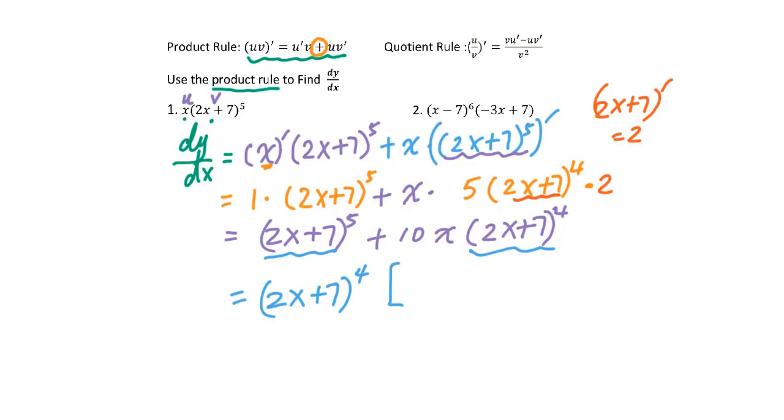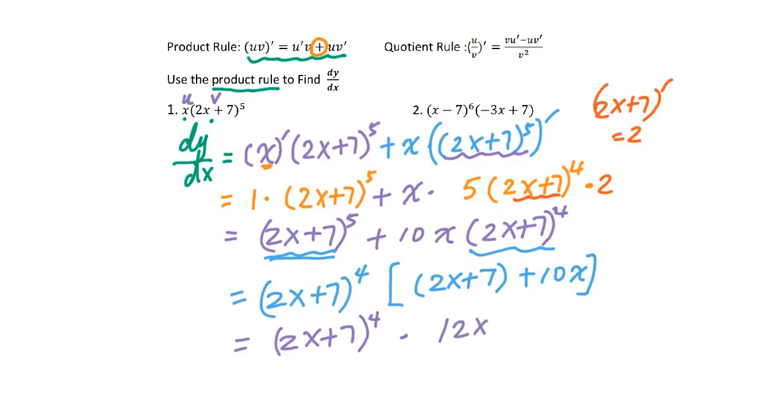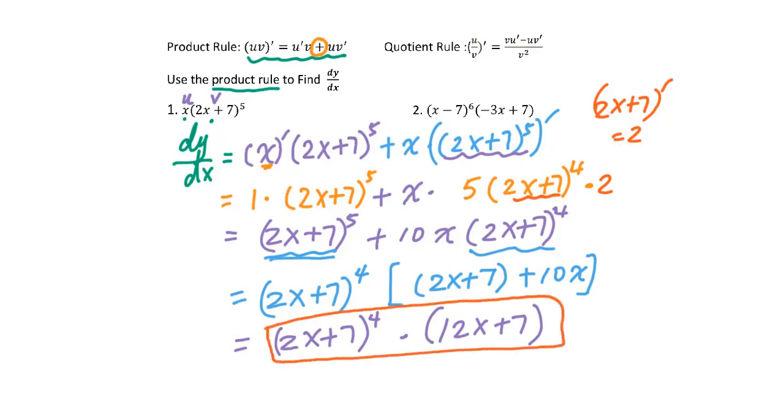Then for this one, it's only 2x + 7 left, plus 10x. Then we combine like terms. You will get (2x + 7) to the 4th power times (12x + 7). This will be the final answer for number 1.